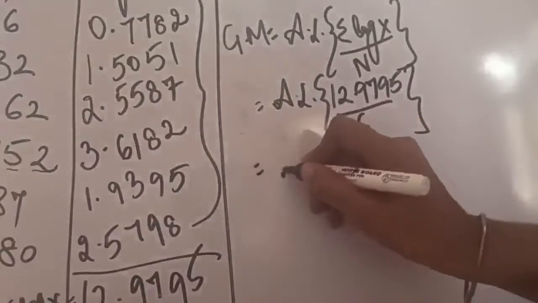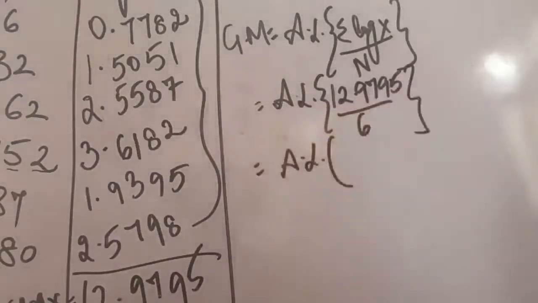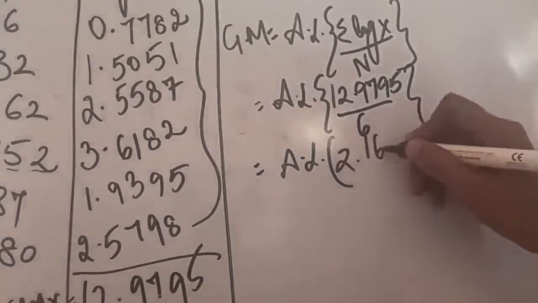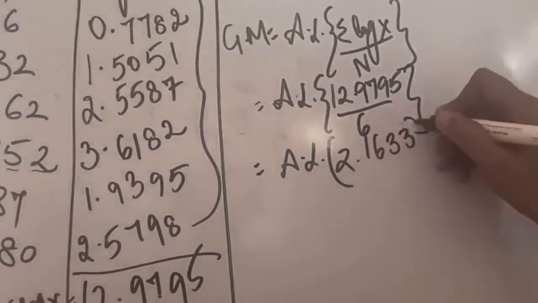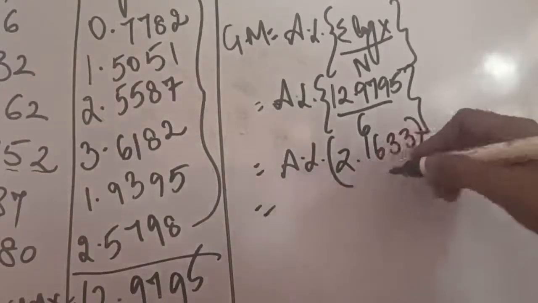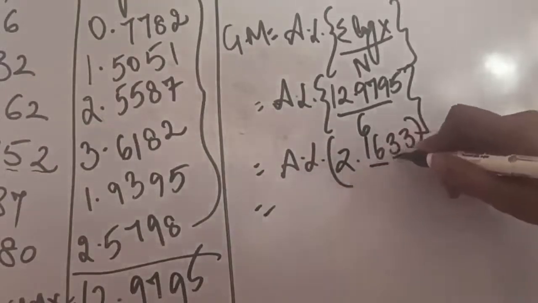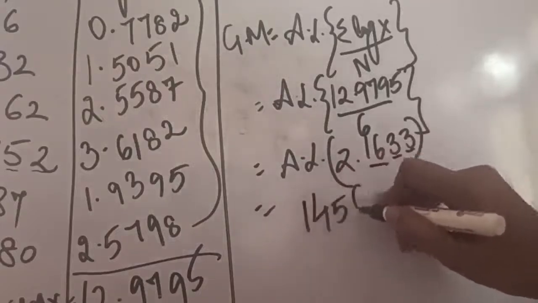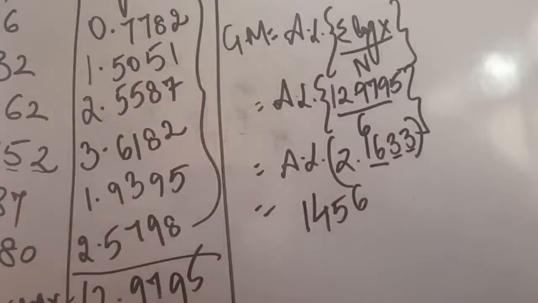So now anti-log of 12.9795 divided by 6, we will be getting 2.1633. And then looking at the values from the anti-log table, 0.16 will be seen under 3, again under 3. Then you will get 1456.